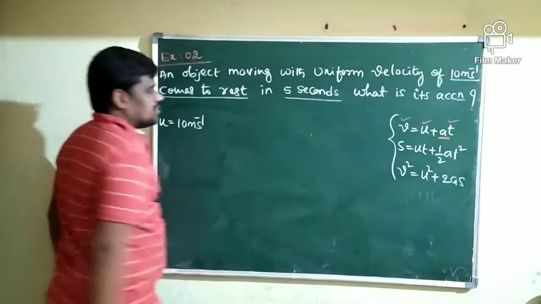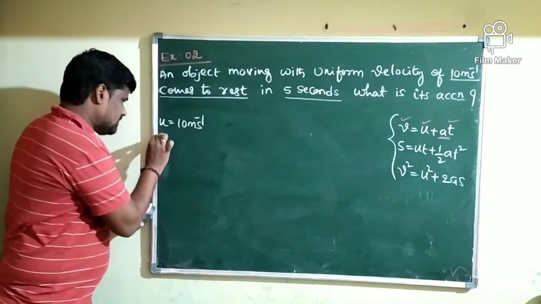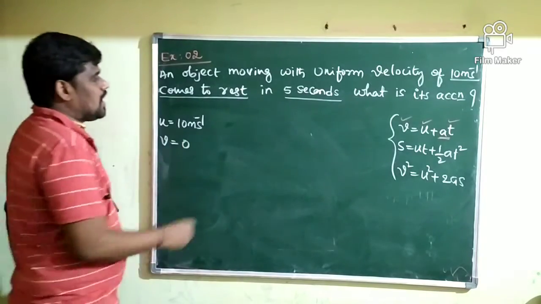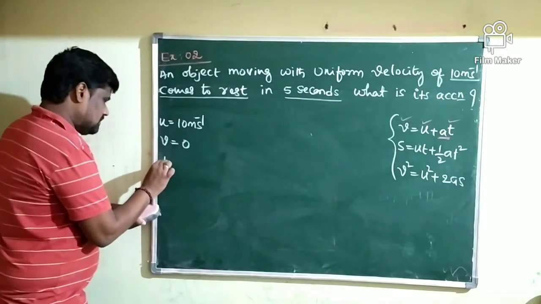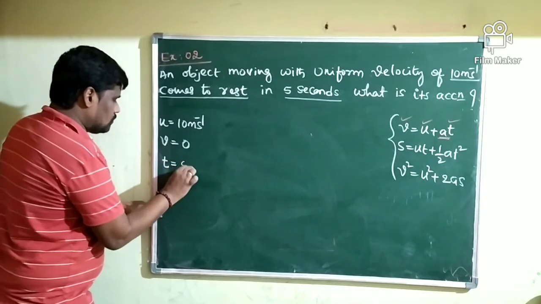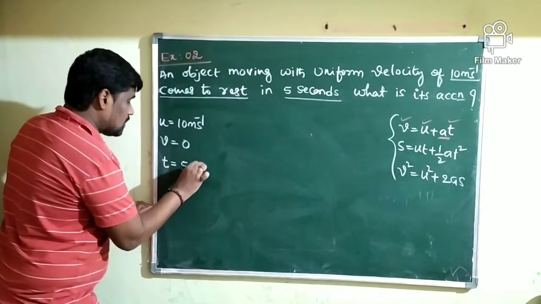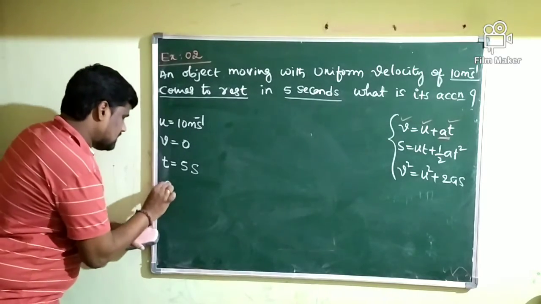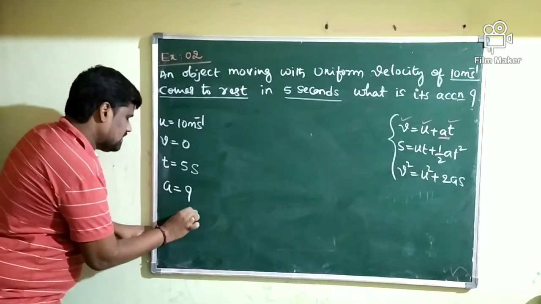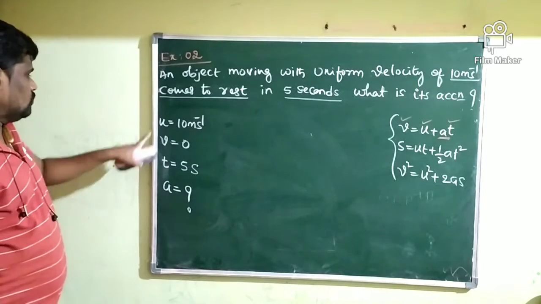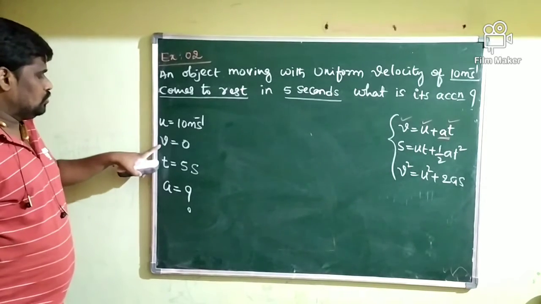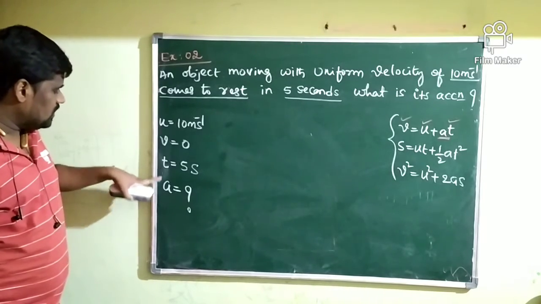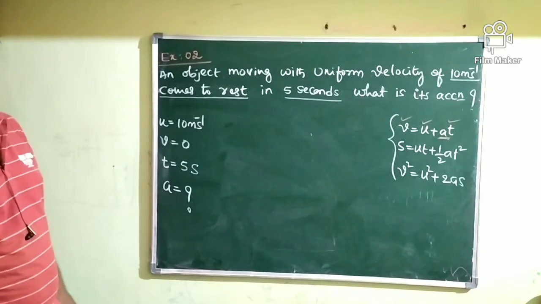It comes to rest, which means its final velocity is equal to 0, after t equals 5 seconds. They are asking you to find the acceleration. You know the value of u, you know the value of v, you know the value of t, and they are asking you to calculate a.